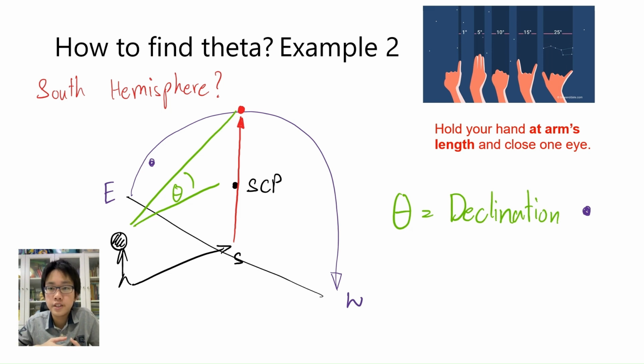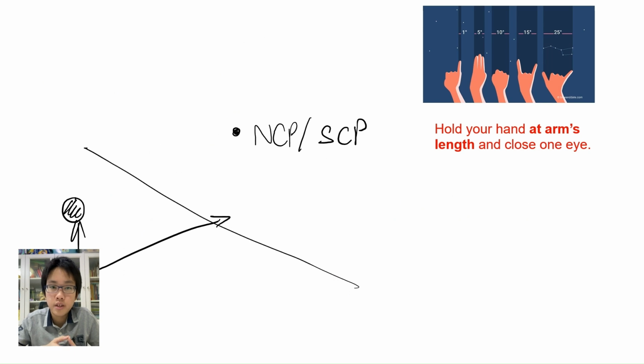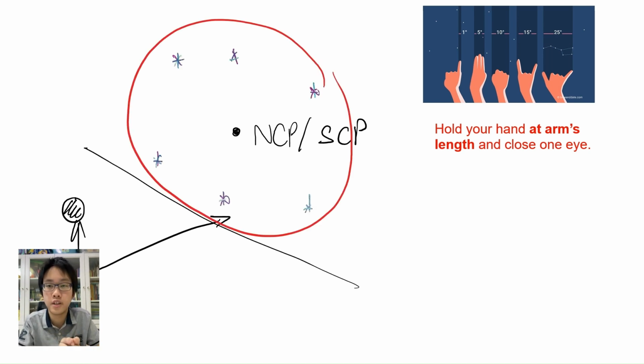There is some additional information. If we are in the north and we look through the Northern Hemisphere toward the north direction, there would be a North Celestial Pole up there, and there will be a group of stars that circulate around the North Celestial Pole, or circulate around the South Celestial Pole again and again, and they won't go off the ground, since the lowest point is above the ground.